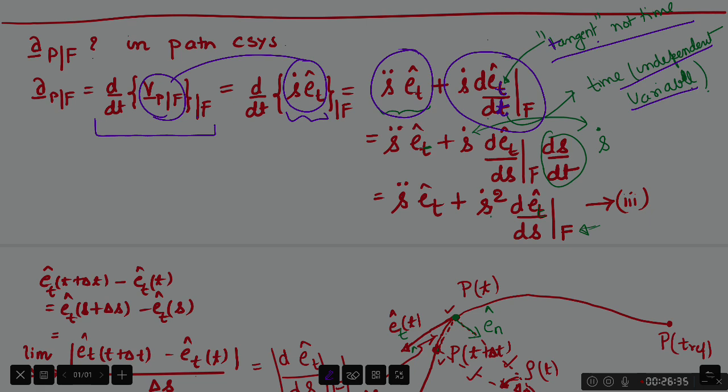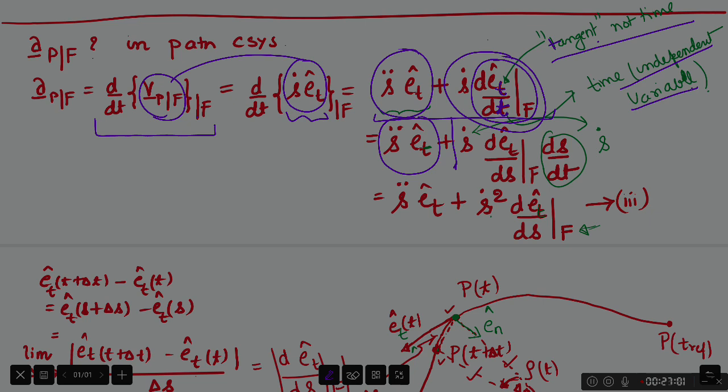Alright, so coming back to this expression, the first term is already well processed. I do not need to do anything additional. However, the second term that I have, I do not want this time derivative to appear here. I want to process it.